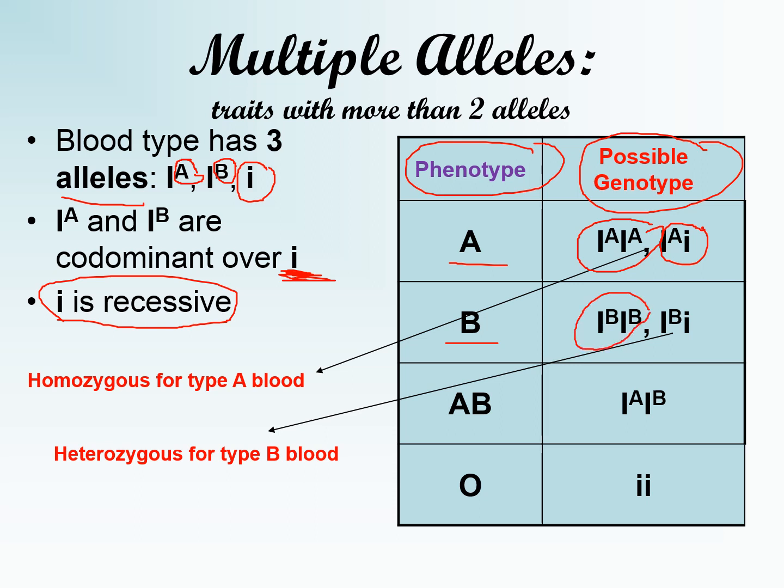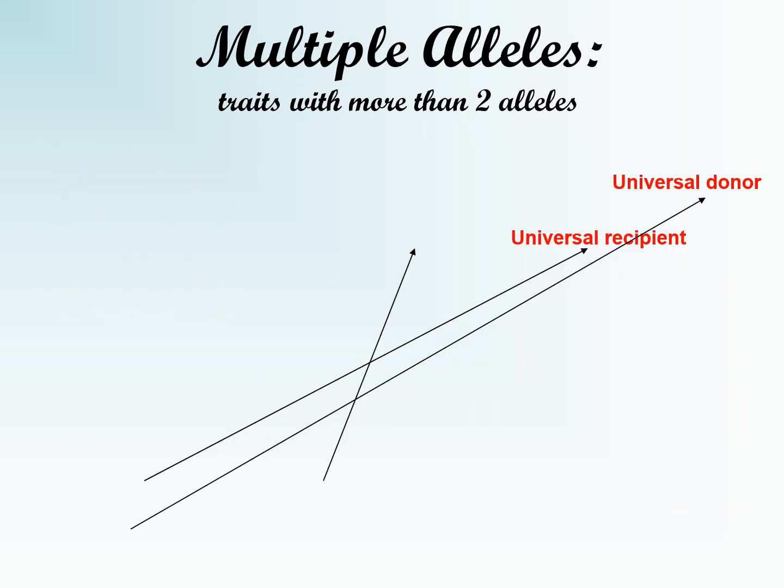You can be homozygous or you can be heterozygous. Homo means the same. Hetero means different. If you have type AB blood, you're just going to appear with both alleles, the A and the B. And if you have type O blood, then you're going to have two small recessive alleles.